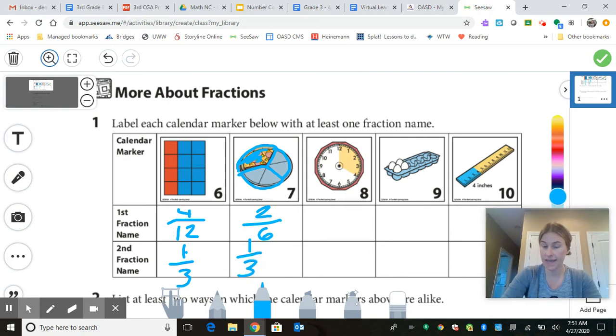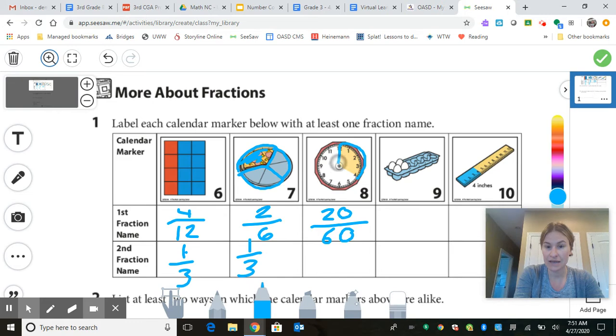Now, if I look at the time, how many minutes have passed if the minute hand started at 12 and went to the 4? That would be a total of 20 minutes. And in 1 hour, there's a total of 60 minutes. So wow, that's a crazy looking fraction, right? 20 minutes out of 60 minutes.